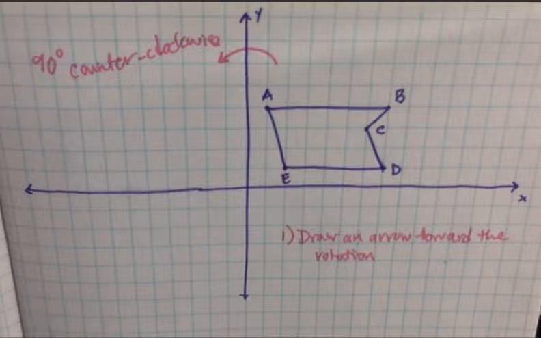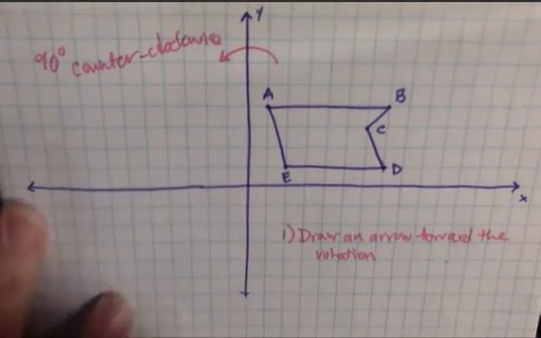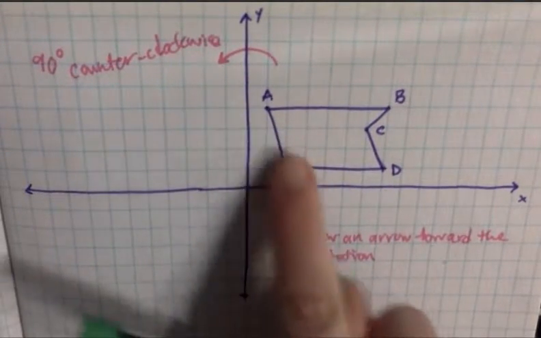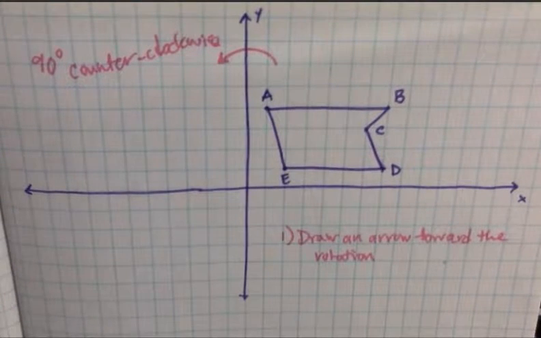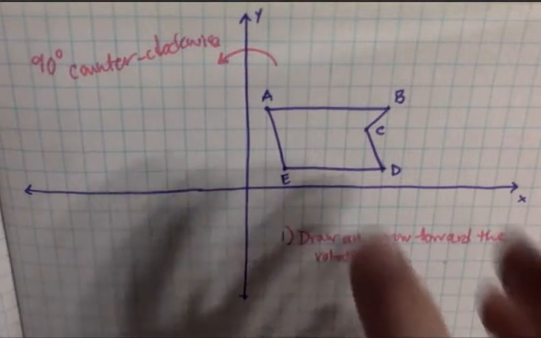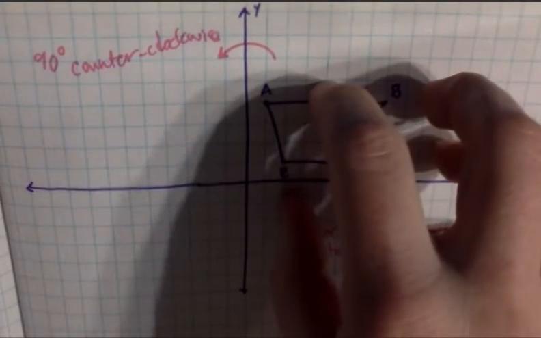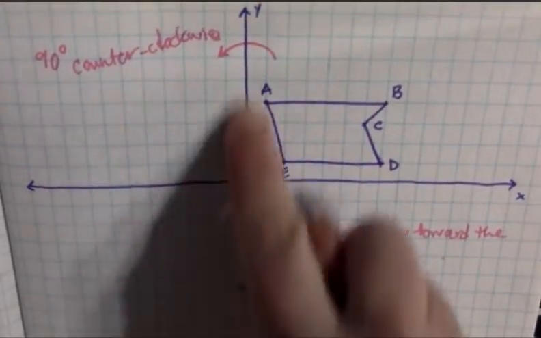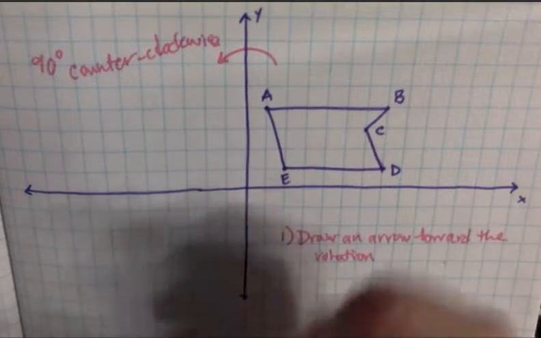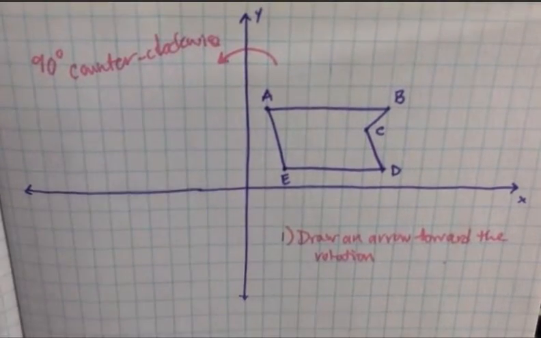I also need to think, if I am going 90 degrees, where is my shape primarily going to be located? Now, my shape's not always going to just be in the first quadrant. Sometimes it's going to go over a couple of quadrants, but in all reality, I can make a pretty good guess that this shape, rotated 90 degrees, is going to be primarily located in quadrant 2.